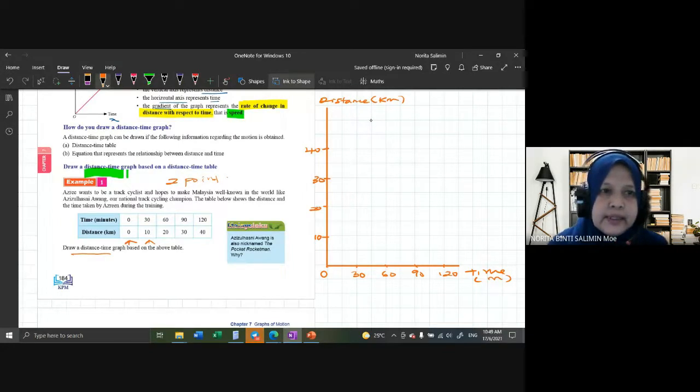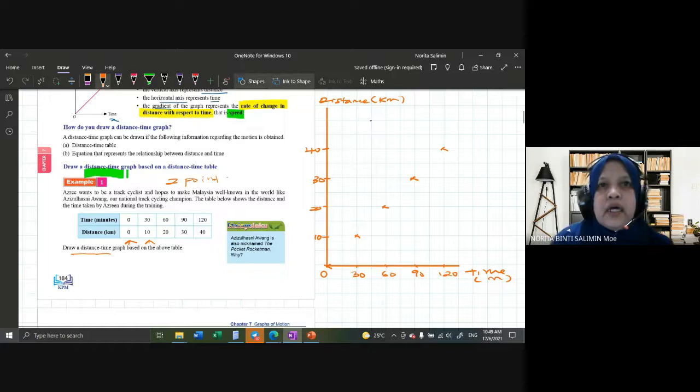Azri starts with 0, 0. Then 30, 10, so we plot here. And then 60, 20; 90, 30; 120, 40. We plot the graph.